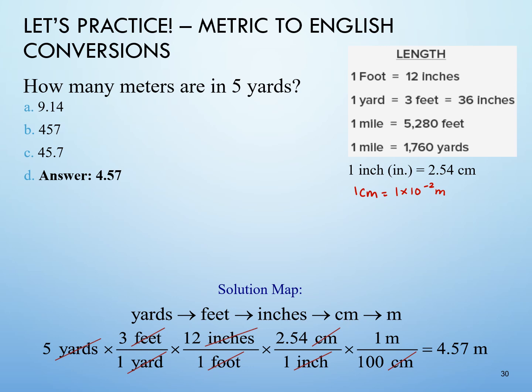But I can show you how I would write it out too, okay? So I would start with 5 yards. And then since I'm going to start using abbreviations, yard is YD, and then I'm going to do 3 feet is in 1 yard, right? And then I'll do 1 foot is 12 inches.